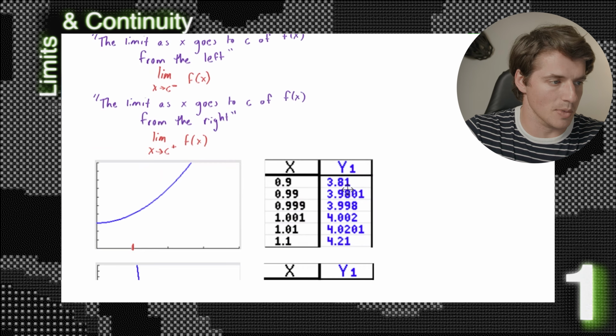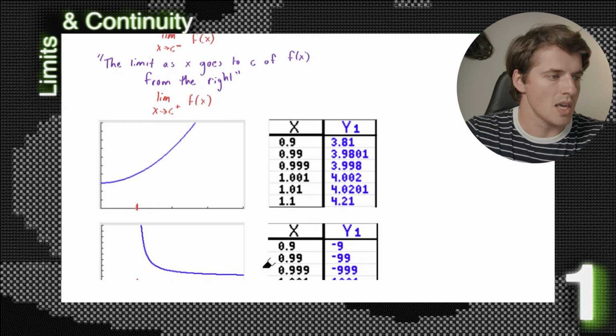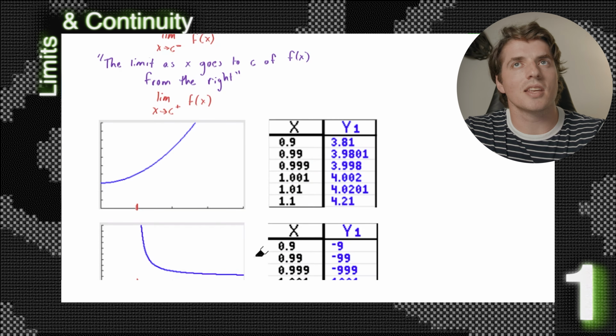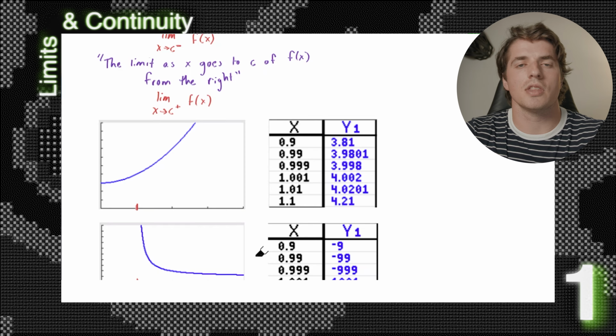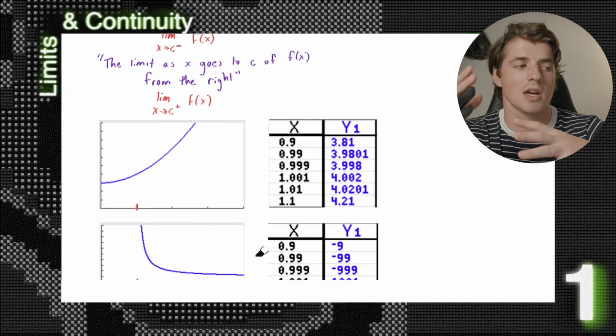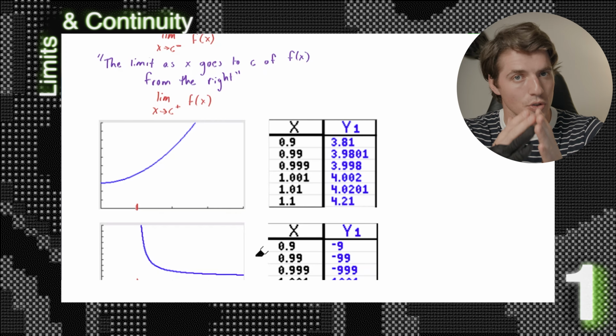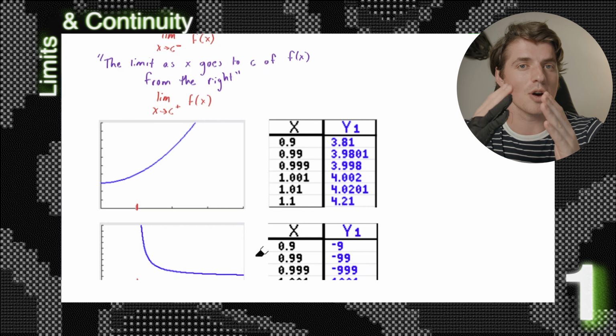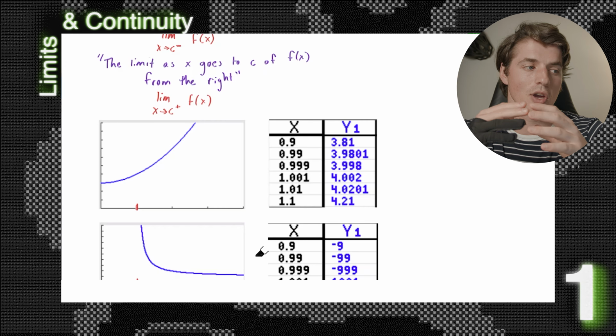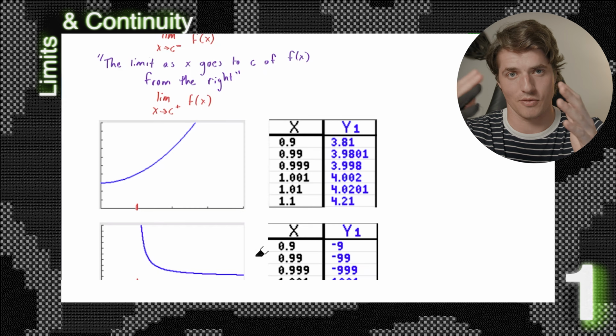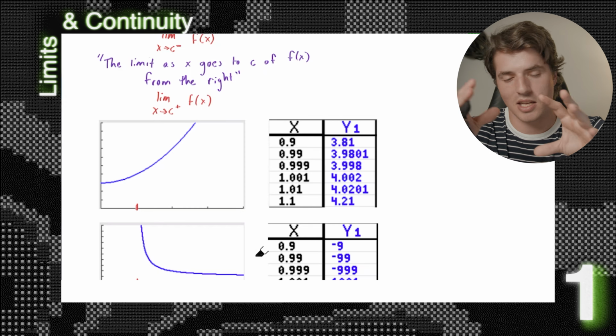Okay, so what is a limit? A limit, so in calculus, in the first video, we talked about how we want to go really close to a point, but we can't go exactly there. If we go exactly to the same point and try to find the slope, we'll be dividing by 0, right?